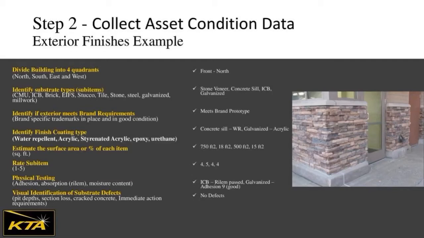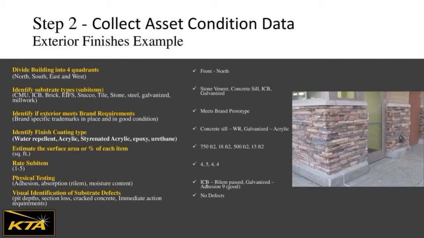So we may need to identify if it meets brand prototype or not. That may or may not be necessary. Then also, a lot of times we'll identify what finish coatings are on the facade. In this case, there's not a whole lot. There's some water repellent on the concrete seal.